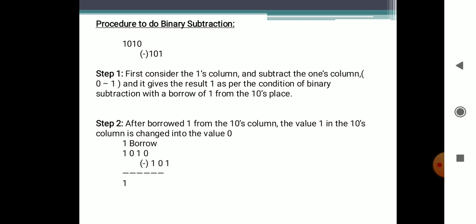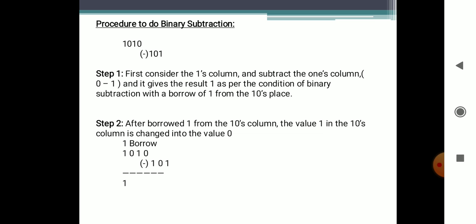So let's see the procedure to do binary subtraction with an example. So here two numbers are given, that is 1 0 1 0 minus 1 0 1. Let's subtract 1 0 1 from 1 0 1 0. So the procedure to do the binary subtraction is, in the first step, first consider the 1's column and subtract the 1's column.